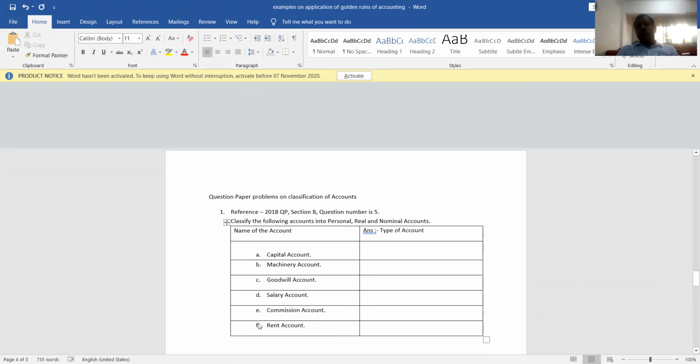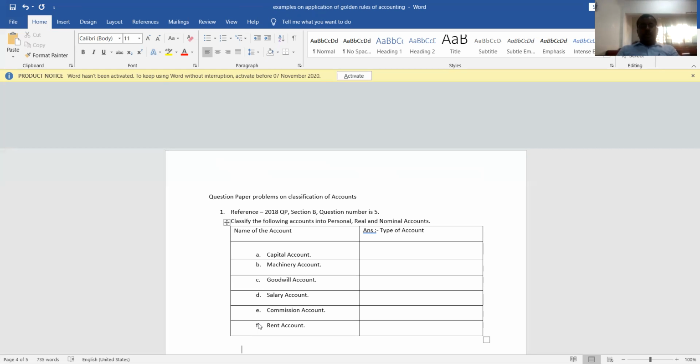Now we are going to solve some question paper problems in connection with classification of accounts. Actually, we had one exercise in connection with classification of accounts. I had taken around 40 examples. In that exercise, we classified around 40 accounts into personal account, real account, and nominal account, along with reasons.